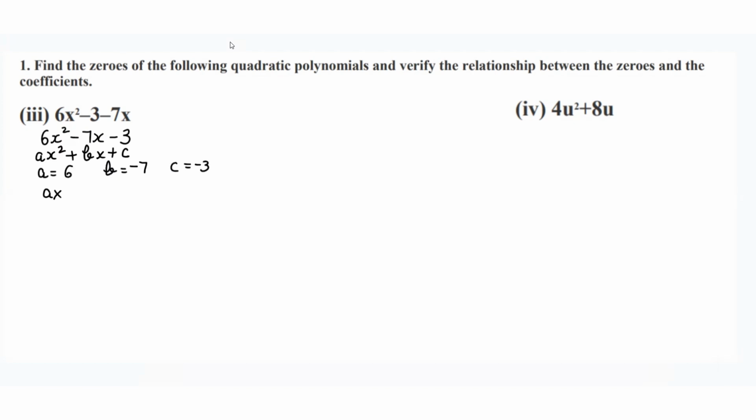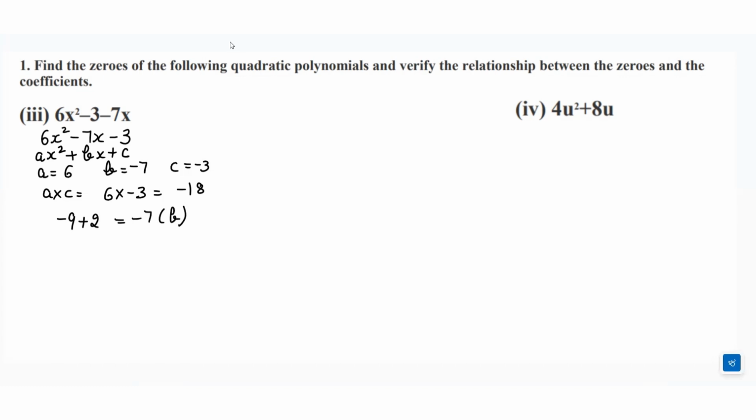So a into c is equal to 6 into negative 3, which is equal to minus 18. So we have to think of the factors. If I think of the factors, I will get here minus 9 plus 2, because it is giving me the value of b, which is minus 7.